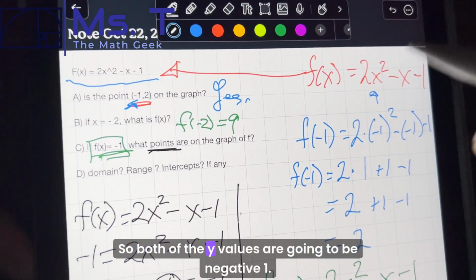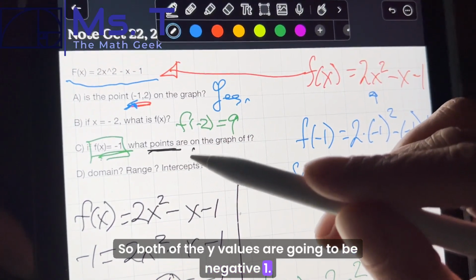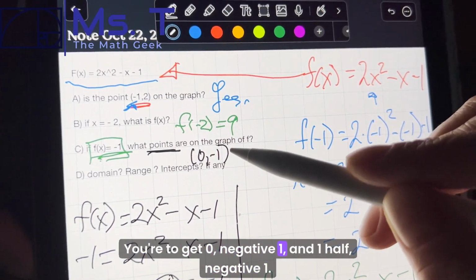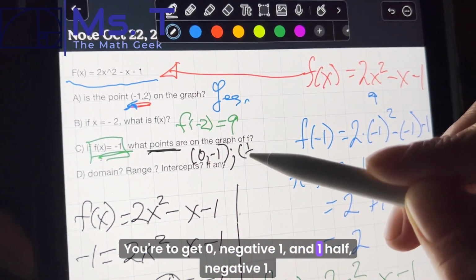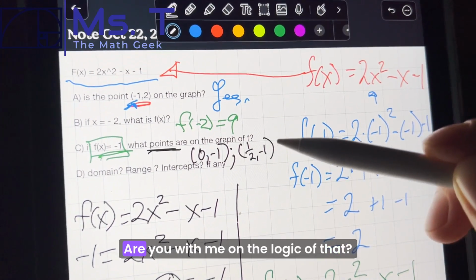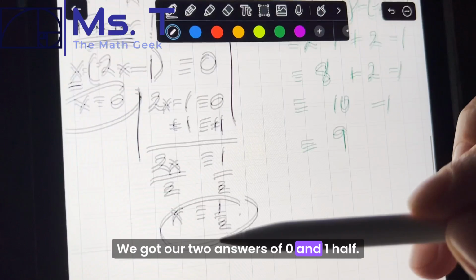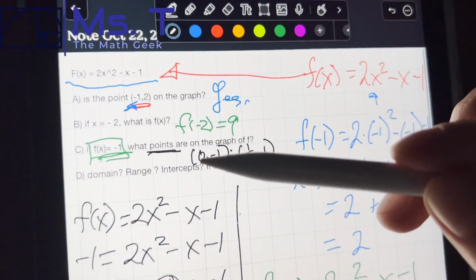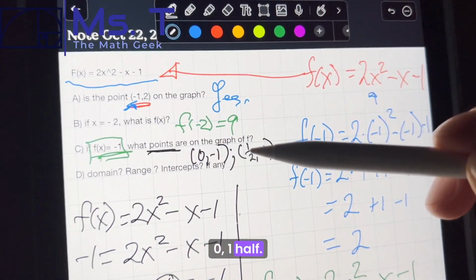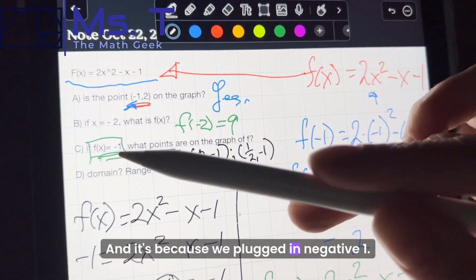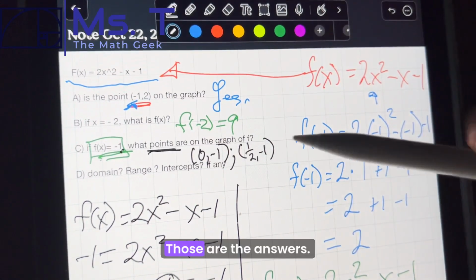So both of the y values are going to be negative 1. You're going to get 0, negative 1, and 1/2, negative 1. Okay, are you with me on the logic of that? We got our two answers of 0 and 1/2, and it's because we plugged in negative 1. Okay, those are the answers.